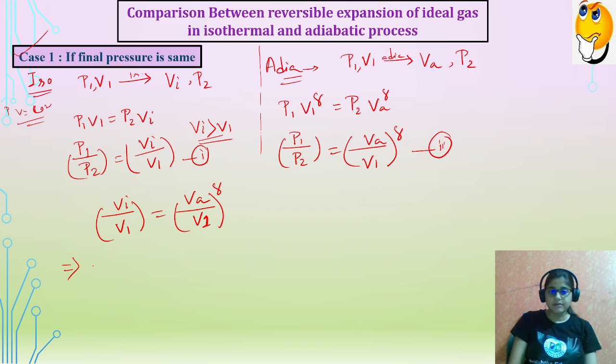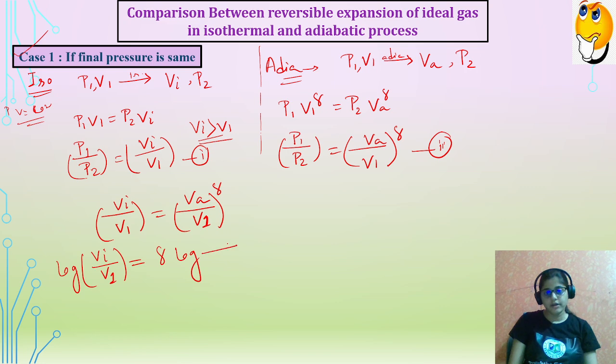So we can solve it: Vi by V1, let's say we take log. So if we take log here, gamma will be here, and log Va by V1.